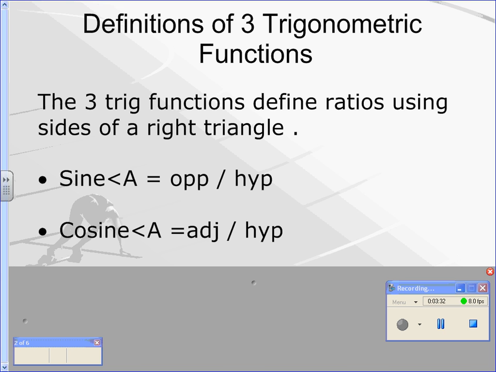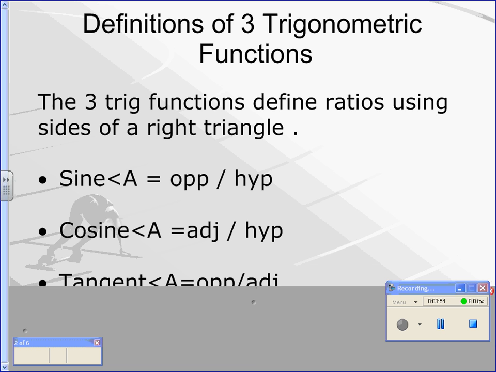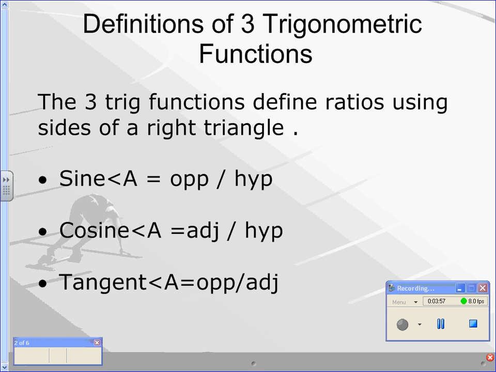Cosine of the angle is adjacent over hypotenuse. No, that's the angle A. Angle A. Sine of angle A, cosine of angle A. And then the tangent of angle A is opposite over adjacent.